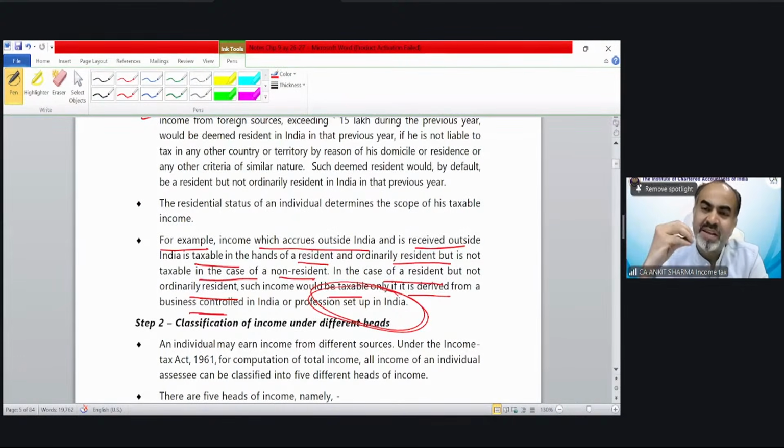Generally, if you are a resident and ordinary resident, all incomes are taxable in your hands, whether they arise outside India or in India, that is irrelevant. If you are a non-resident, only two kinds of income are taxable: income that arises in India or is received in India. If you are a resident but not ordinary resident, then income arising in India is taxable and income received in India is taxable; income arising and received outside India will be taxable only when the business has been controlled or set up from India.